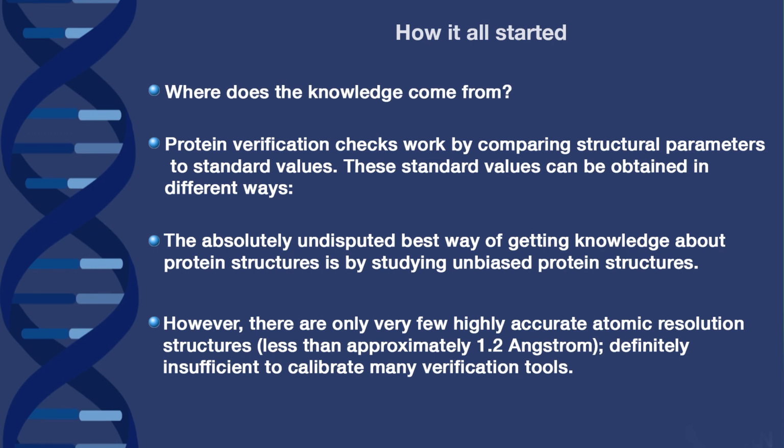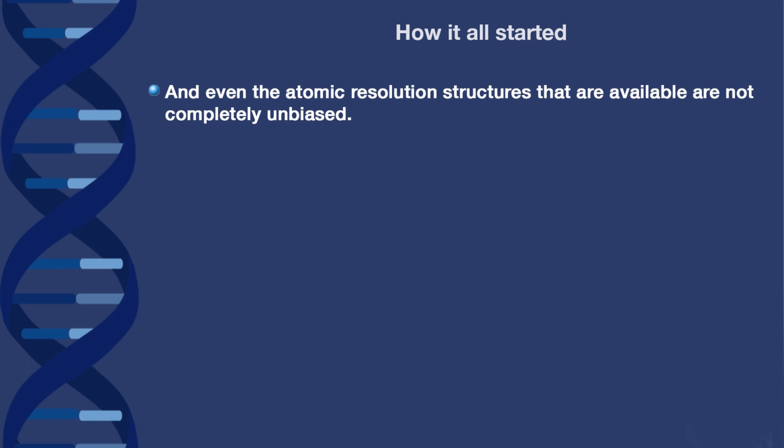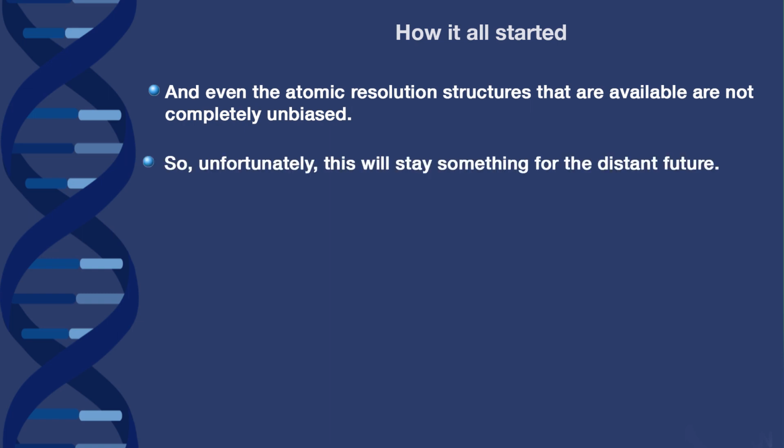However, there are only very few highly accurate atomic resolution structures, which are approximately 1.2 angstrom. This is definitely insufficient to calibrate many verification tools, and even the atomic resolution structures that are available are not completely unbiased. So, unfortunately, this will stay something for the distant future.